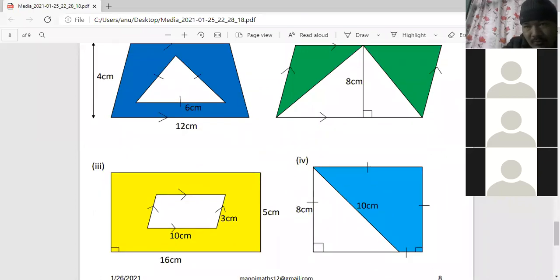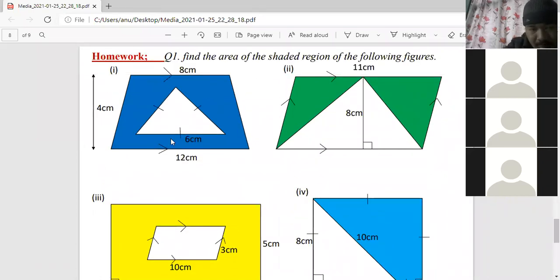In this first figure, this bigger figure is trapezium. Right? Area of trapezium is what? 1 by 2 height. Height is 4. B1 is 8 centimeter. B2 is 12 centimeter.